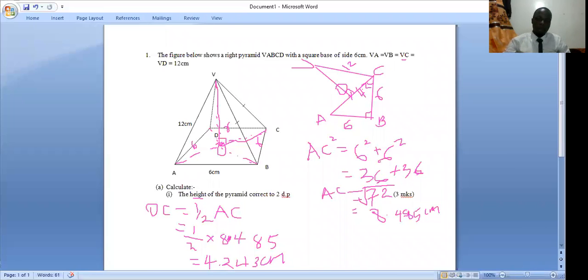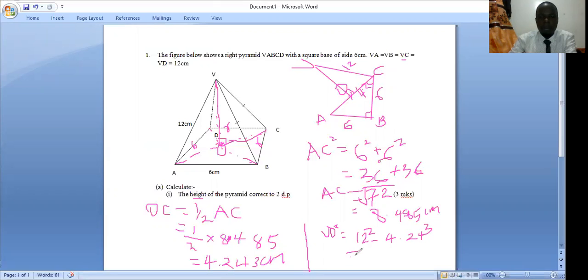So I say therefore, VO, the one they want, VO squared is equals to 12 squared minus OC squared, 4.243 squared, because VC is the longest side.